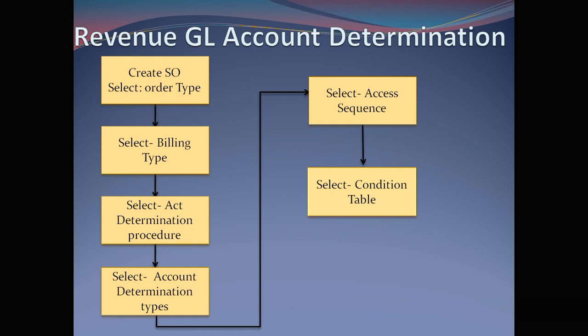So system will select the respective condition table based on the sequence, and then finally system will determine the revenue GL account. So this is all about how we do the configuration for FISD integration, and what is the logic that system will determine the revenue GL account.